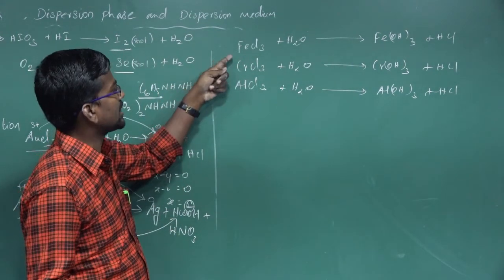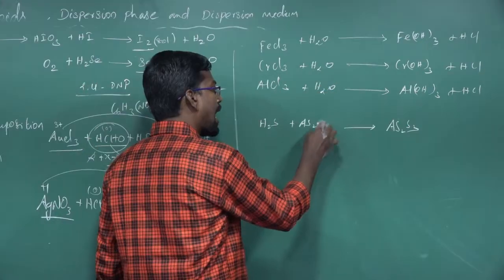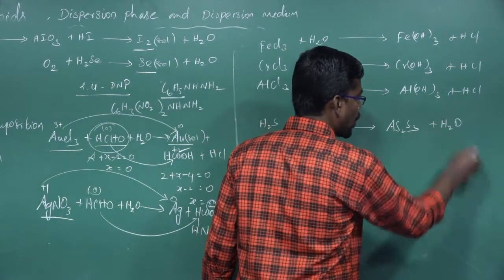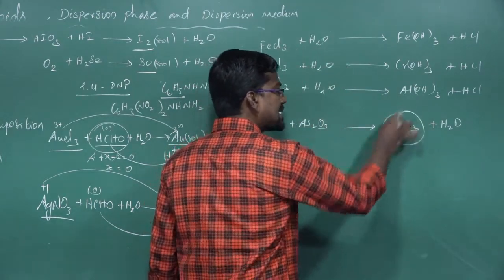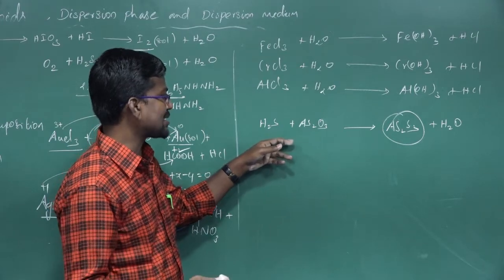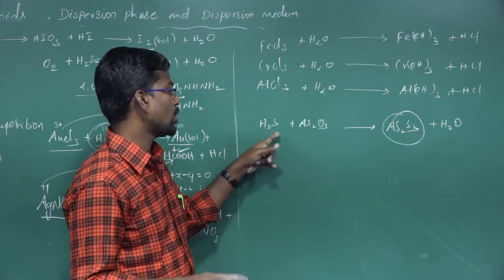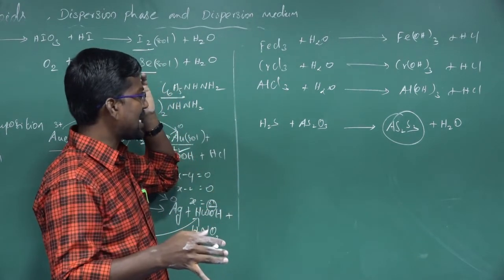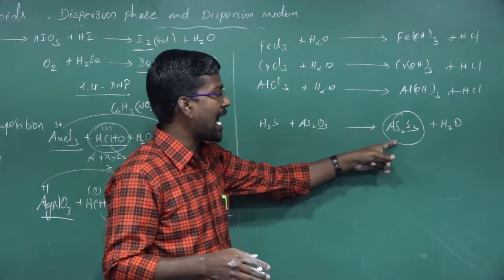Arsenic sulfide is formed from arsenic oxide plus H2O, with water removed. So arsenic sulfide salt can be prepared by passing hydrogen sulfide through arsenic oxide. A slow stream of hydrogen sulfide is passed through a dilute solution of arsenic oxide to form arsenic sulfide.